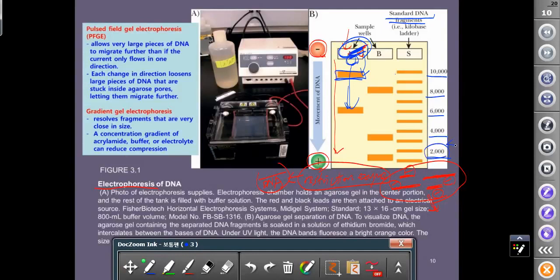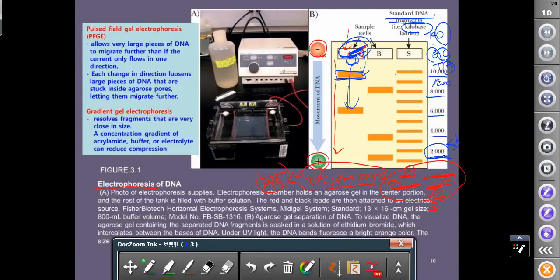What do you mean by kilobase? Base is base, you know, one base. For example, like G or C, guanine or cytosine, or thymine, adenine. These are all bases, right? So kilobase means this unit has 1000 bases.